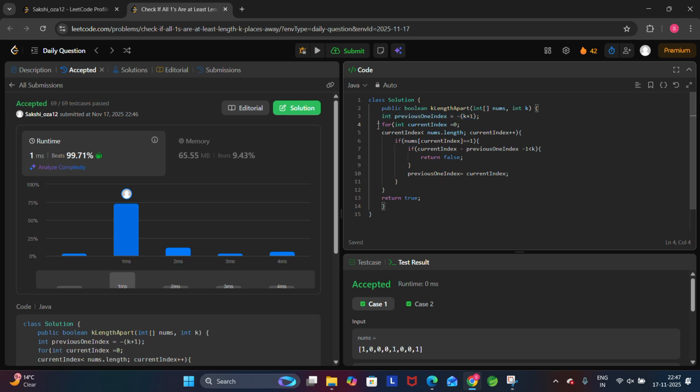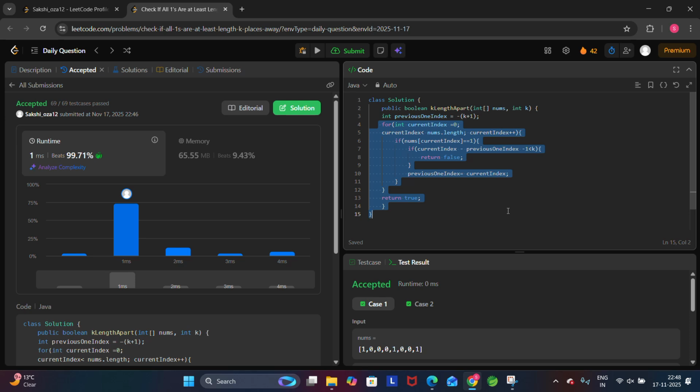Then we iterate through the array. Whenever we find a 1, we check the distance between this one and the previous one. If the number of zeros between them is less than k, we immediately return false, and if it is always equal to or greater than k, we return true.